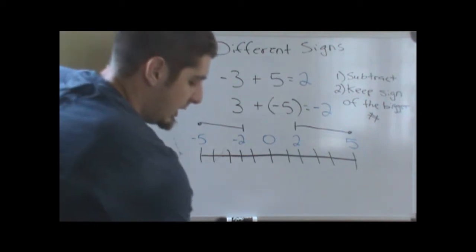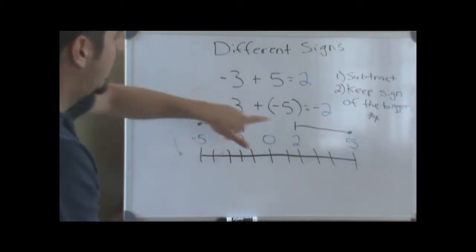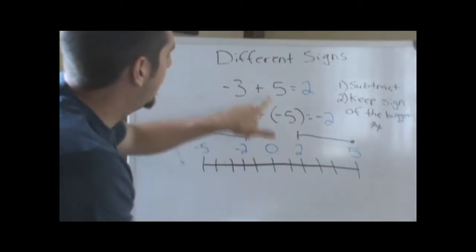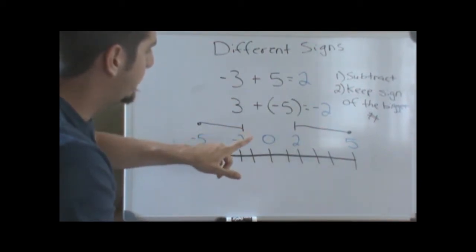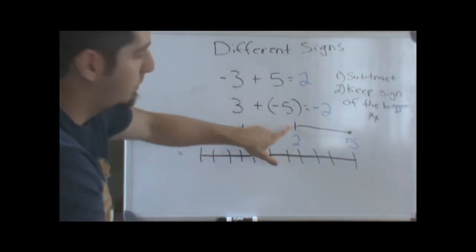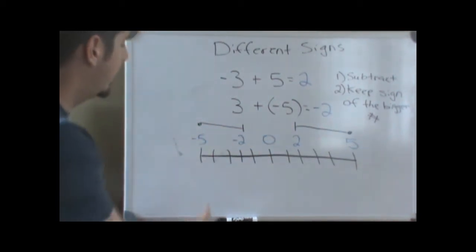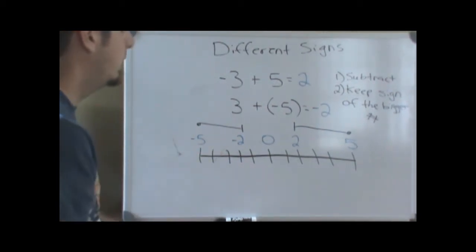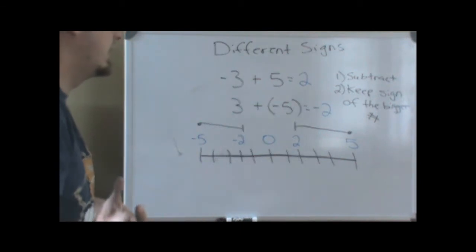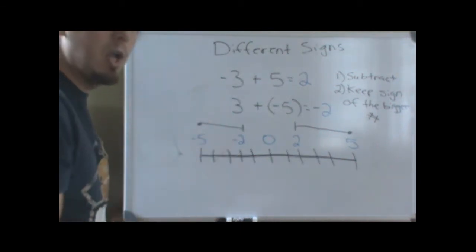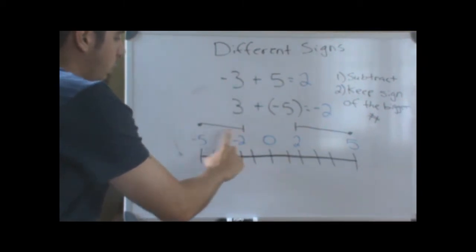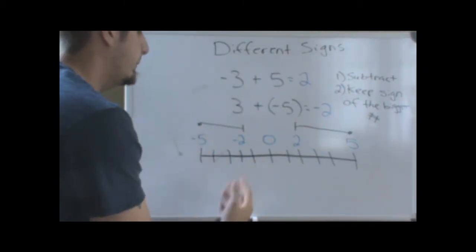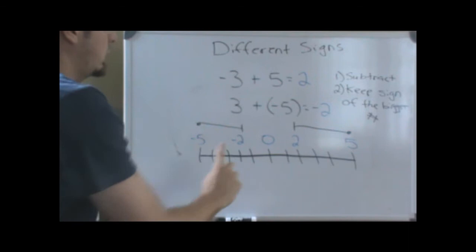So as you can see, in both problems we went from 5 to 2. Just on this side, the 5 and the 2 were negative. So in both situations, it comes across a lot like subtraction. Even though technically in this problem, we're getting bigger, we're increasing, it looks like subtraction.